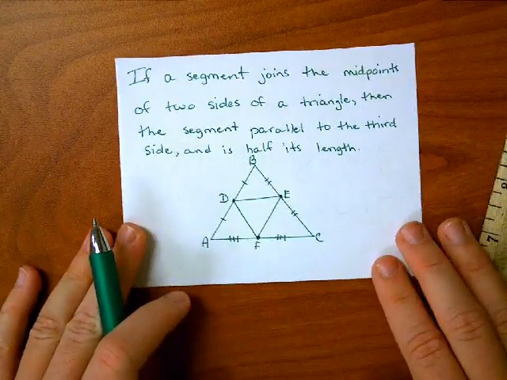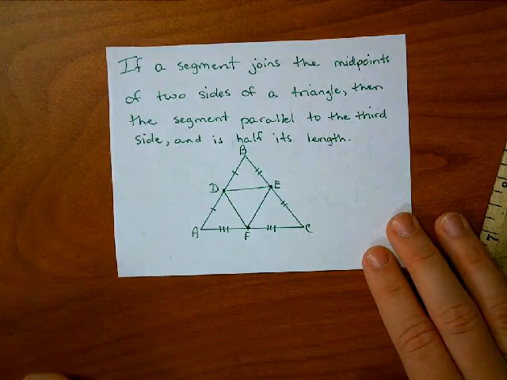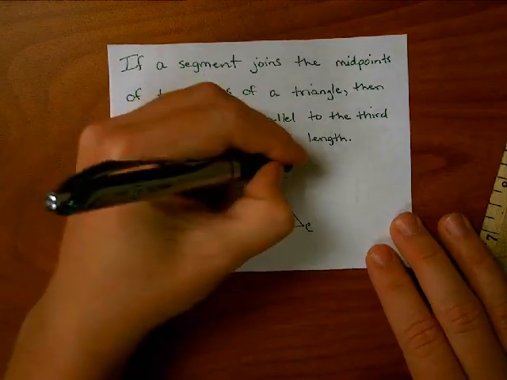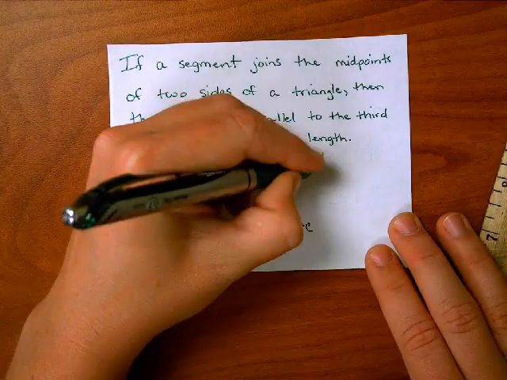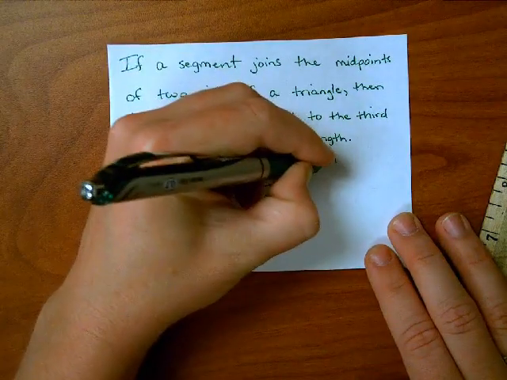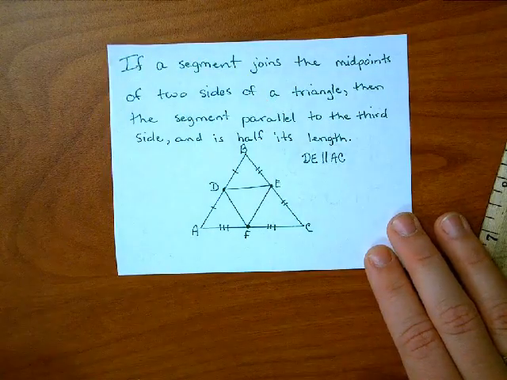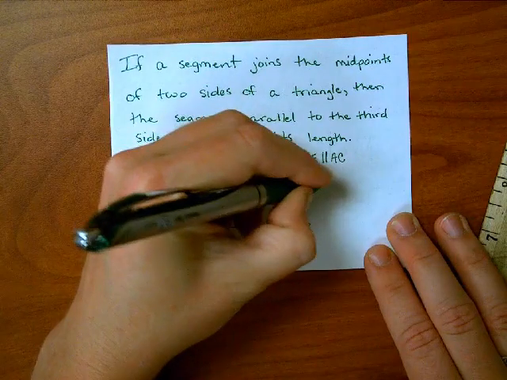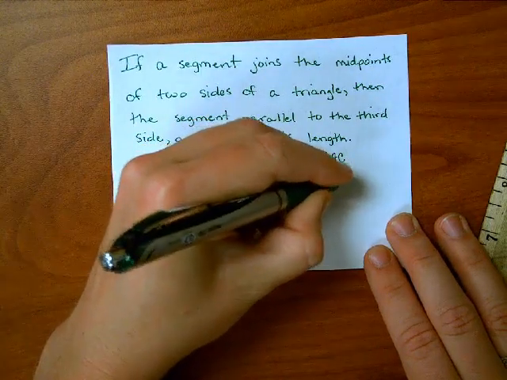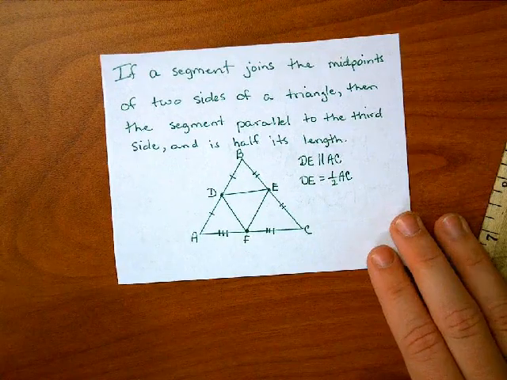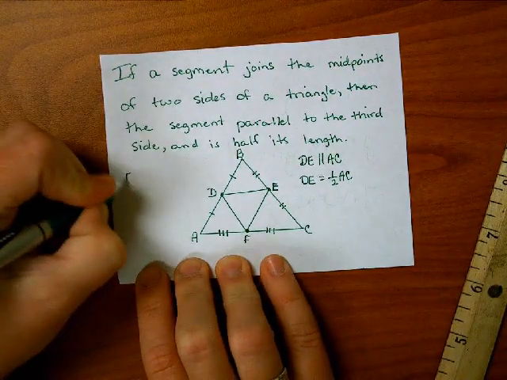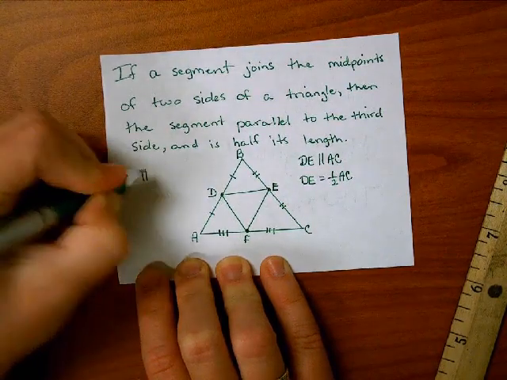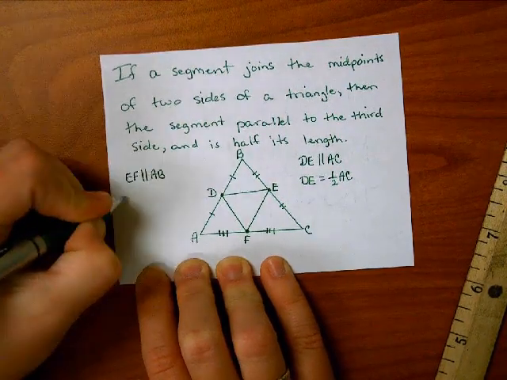Okay, and then according to the triangle midsegment theorem, each of these midsegments is parallel and half of its third side. So for example, DE is parallel to AC. It will never intersect it. And DE is also half of AC. Also, EF is parallel to AB and is half of AB.